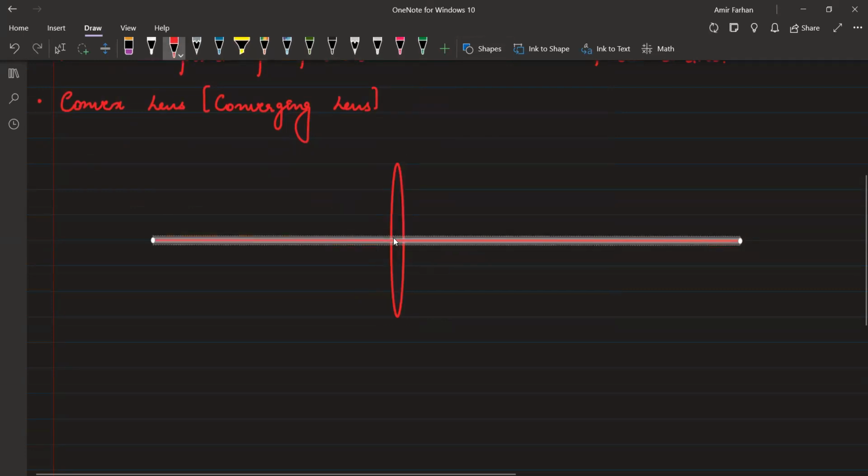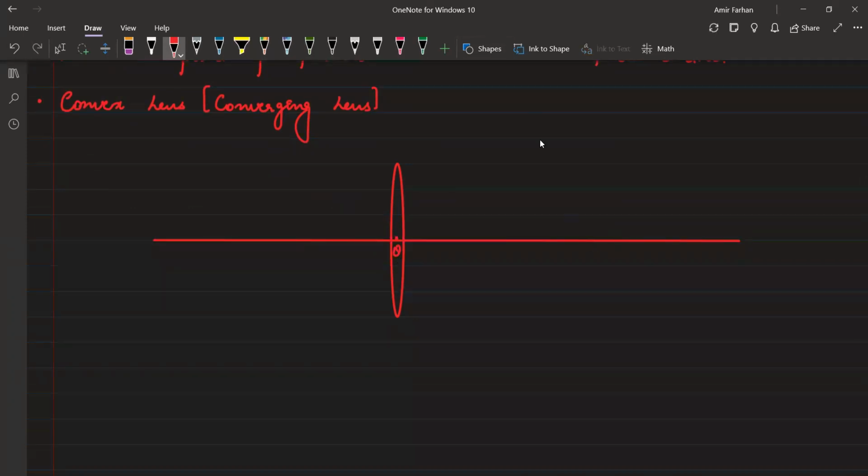Can anybody tell me the name of this line? Principal axis. In the lenses part, we have two focuses.